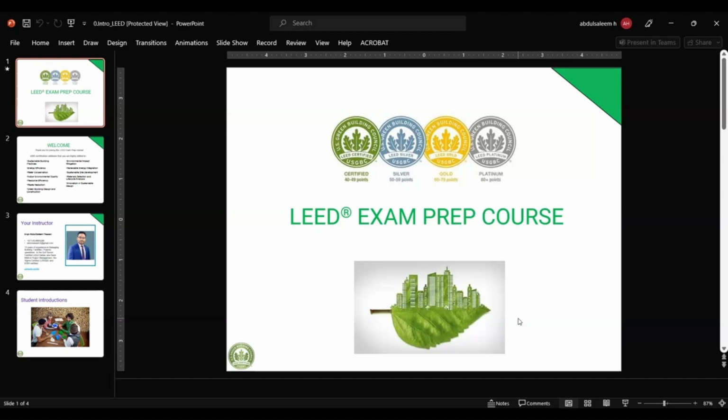Based on the rating, you provide points for each checklist. Based on that, we provide the rating like silver, gold, platinum for that building. When they achieve that rating, we call that building a gold rated LEED certified building. Clear? Yes. Okay.